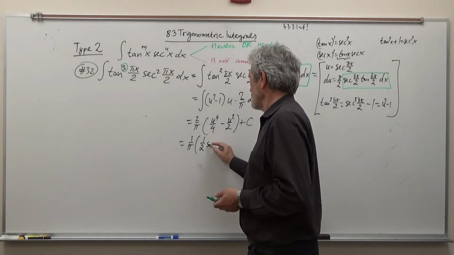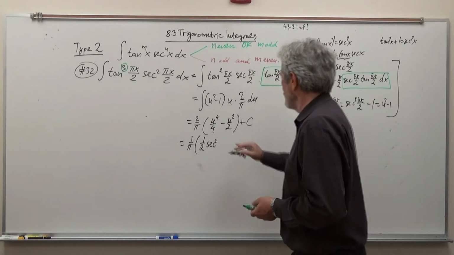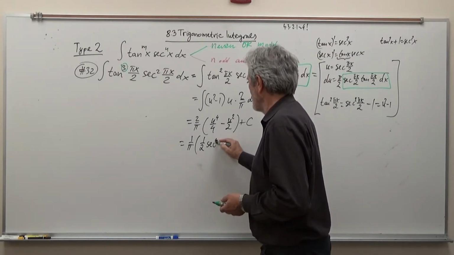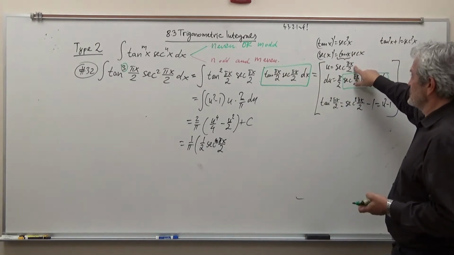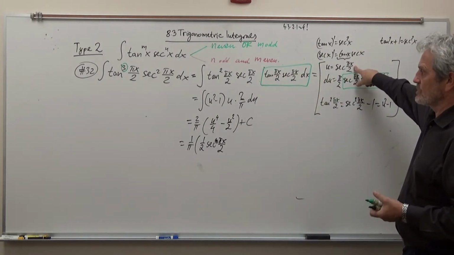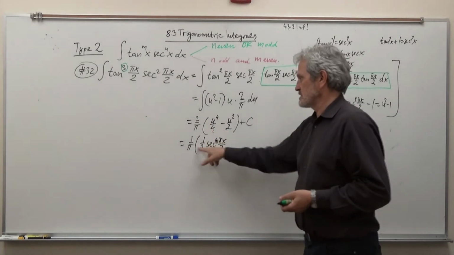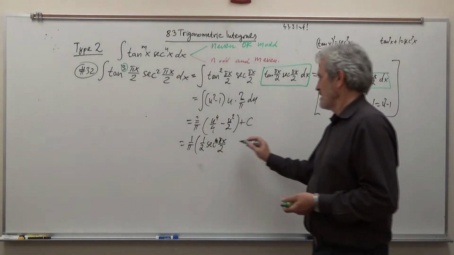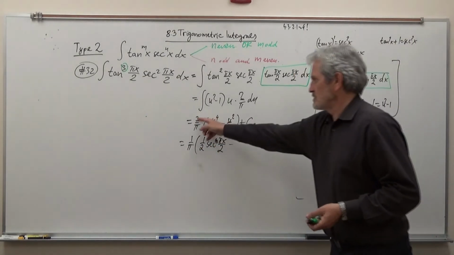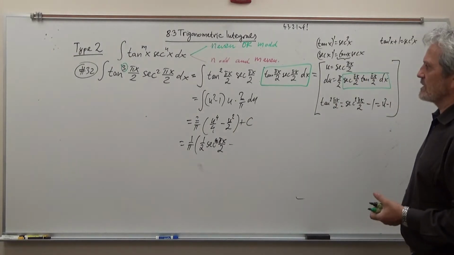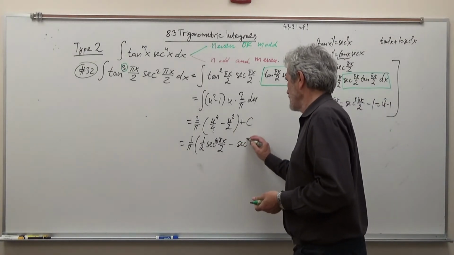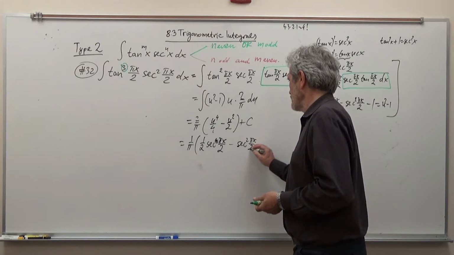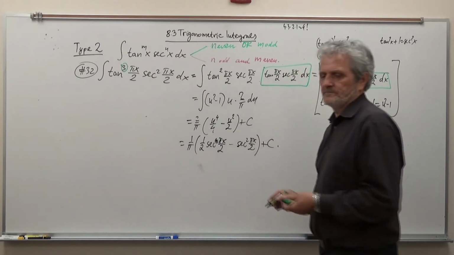So it will be 1/2 secant to the 4th pi x over 2, since u was replaced with secant. Those 2 quarters are 1/2. And minus 2 distributed on this 1/2, so that's gone, so I just have secant squared pi x over 2 plus c.